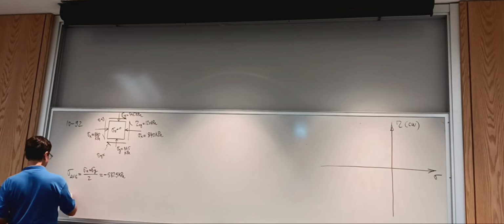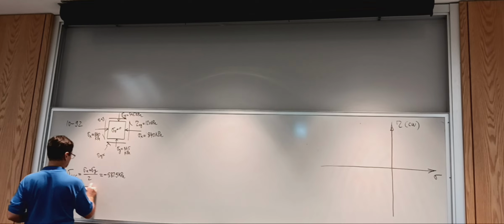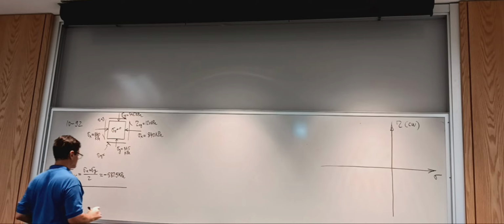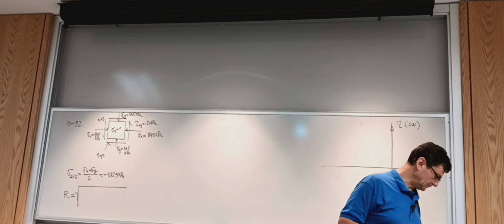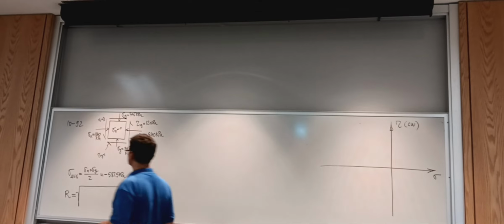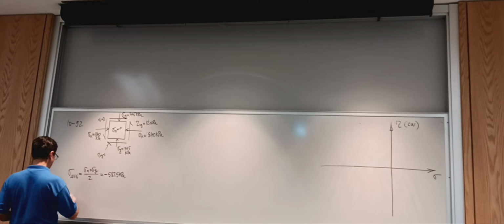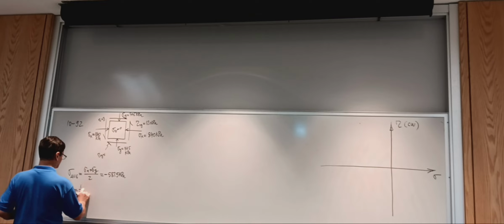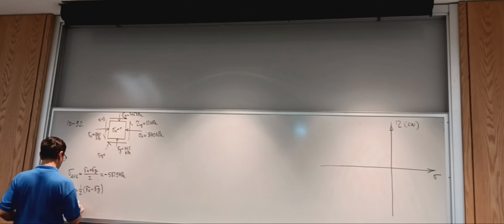And then I need the radius of the circle. Let's take shorter steps. We have a and b. A is one half of sigma x minus sigma y, and b is tau xy.